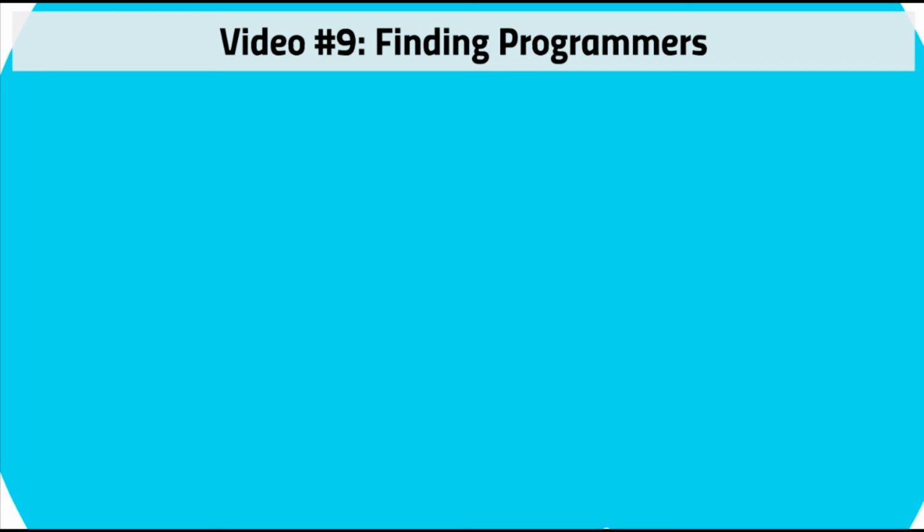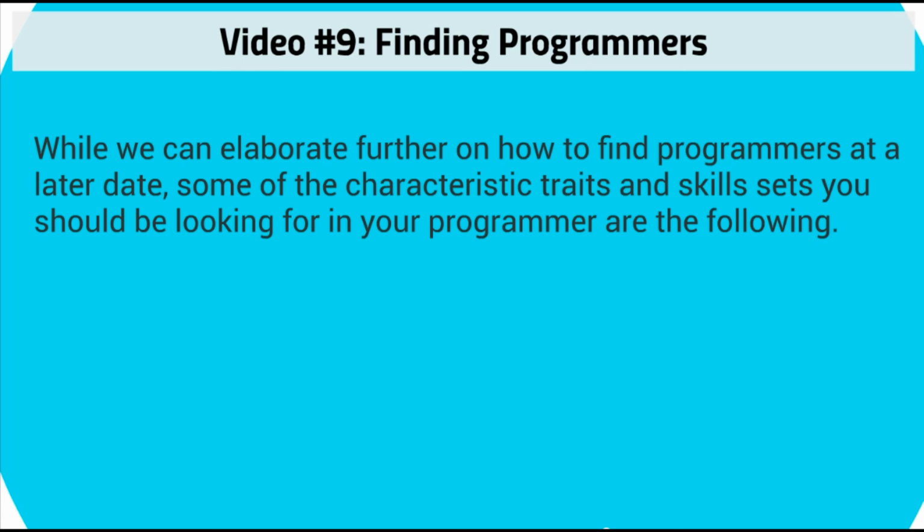Okay, so now that we are pretty much done, this is kind of a bonus, but in video number 9, I want to talk about finding programmers. I'm not talking specifically about going out and finding a programmer, but about what kind of characteristics and traits you should be looking for within a WordPress plugin programmer, because not all programmers are going to be the same.